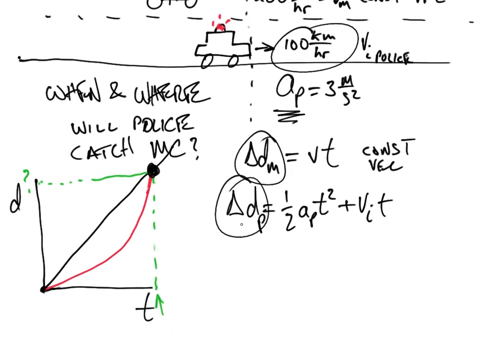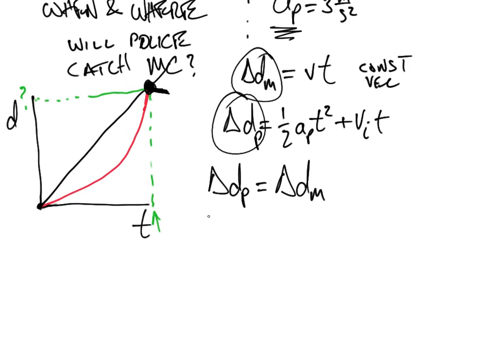This is the displacement of the police officer. What point in time is this location? It's when delta D police is equal to delta D motorcycle. That's the definition when those two graphs intersect. So now we say, all right, what is that?